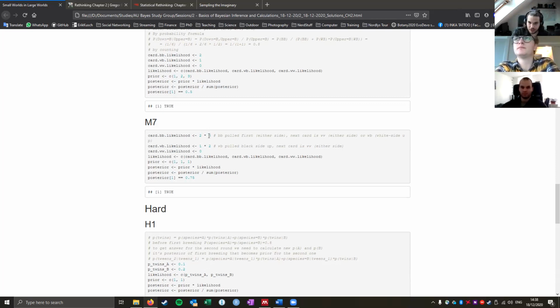Black-black is pulled first, on either side. The next card is then white-white, either side, or white-black with the white side up. So that is 3 ways to get black as the first side, and 2 ways with which the next card would be white side up, if that makes sense.